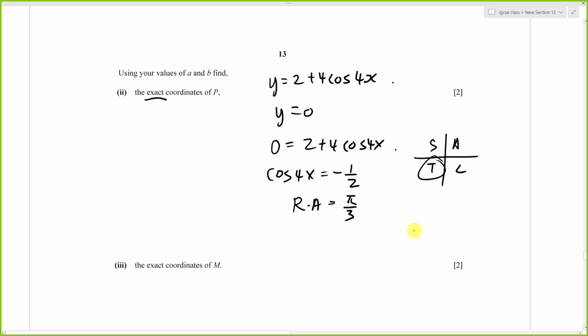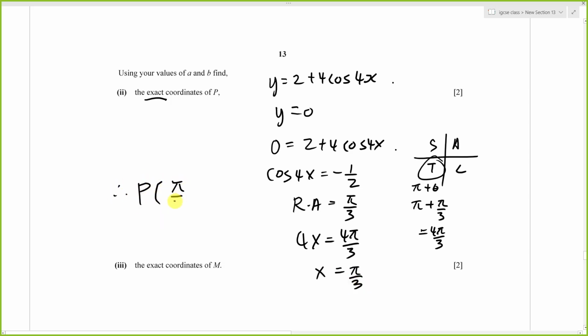So we need to take the second one. So this one is pi plus theta. So imagine pi plus pi over 3. You get what? 4 pi over 3, isn't it? So therefore, 4x equals to 4 pi over 3. x will equals to pi over 3. So therefore, coordinate P should be pi over 3, 0.